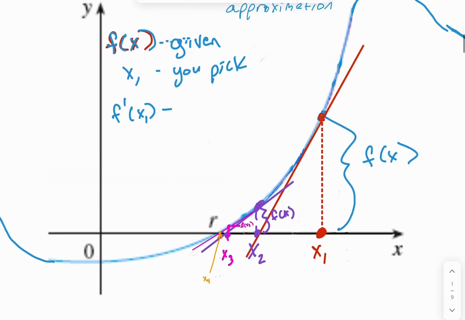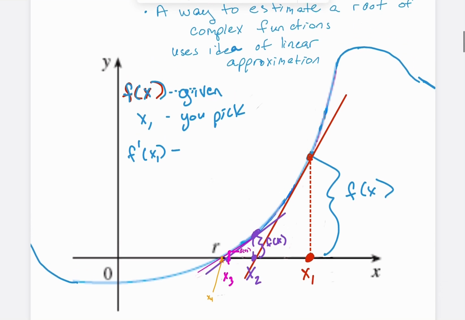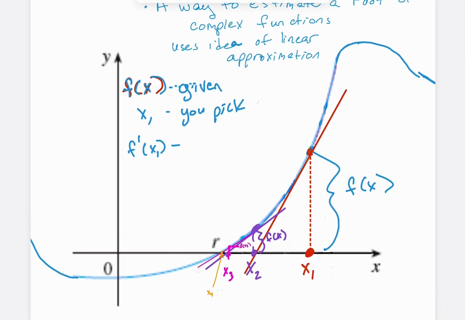So using that linear approximation over and over again, linear approximation, you might remember, tells us that we can estimate a function value that's close to a number that we choose and that tangent line. So if I wanted to find a number that was close to x1, I could find it with linear approximation. So moving that line closer and closer to the root makes that linear approximation even more accurate.